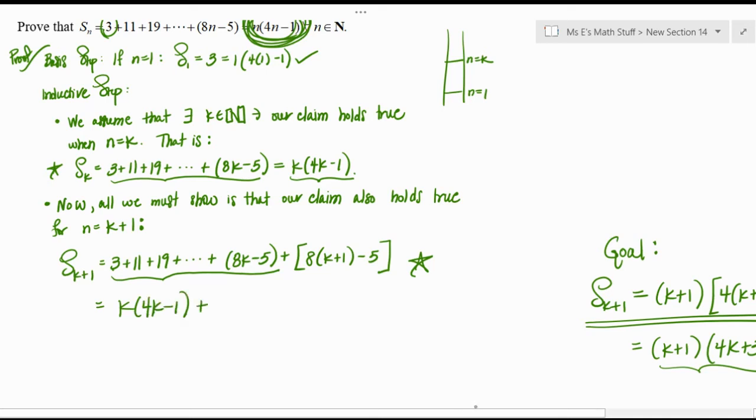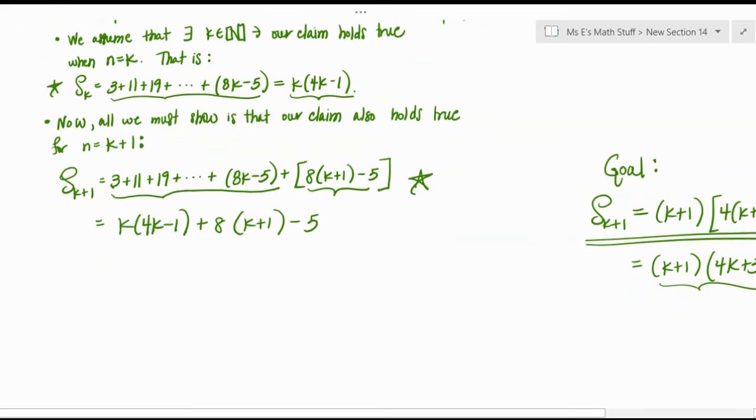And then you just have this guy left to add in to get up to the k plus 1 sum. Now, let's simplify this. Probably just go ahead and distribute: 4k squared minus k plus 8k plus 8 minus 5, which would be plus 3. And then that would be 4k squared plus 7k plus 3.